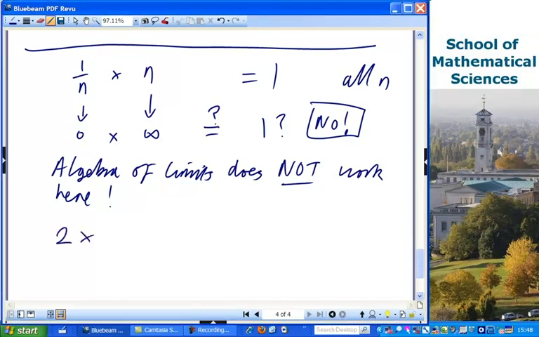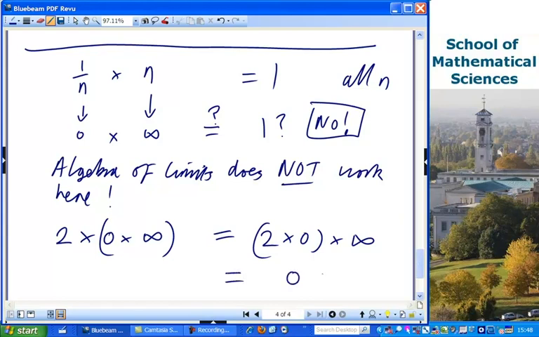let's have a look at 2 times naught times infinity, but let's bracket it that way around. We want 2 times naught times infinity. Now we may not have decided what naught times infinity is, but we do know what we want 2 times naught to be. So this is for associativity.